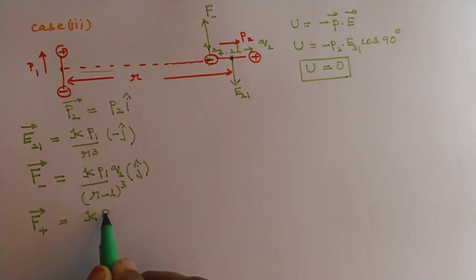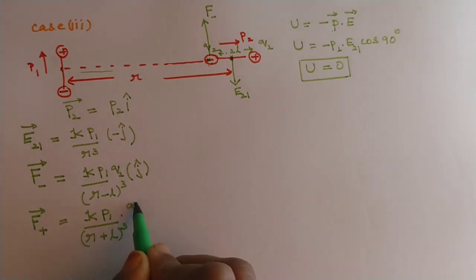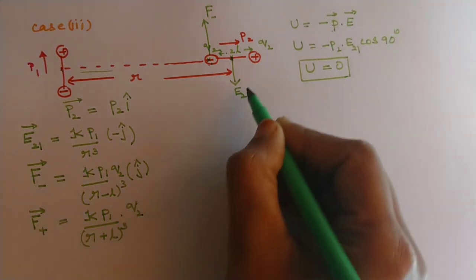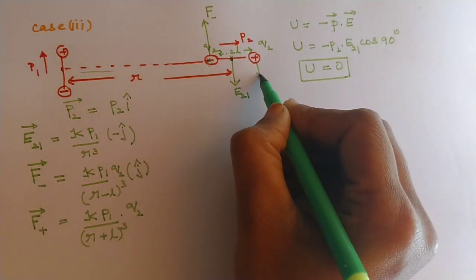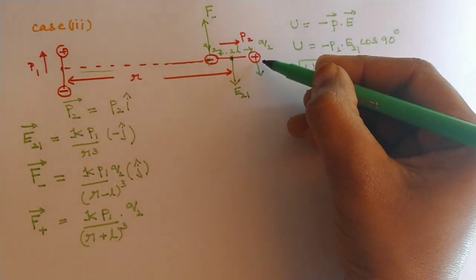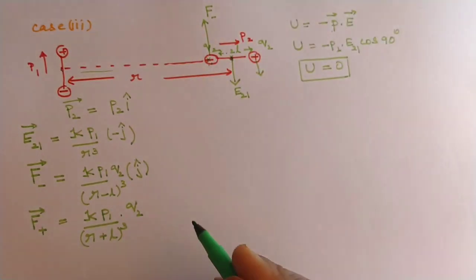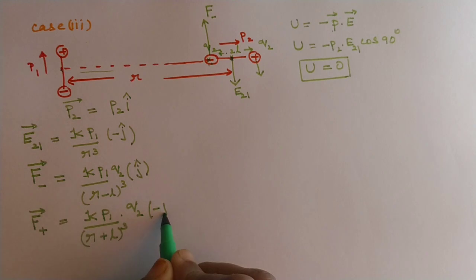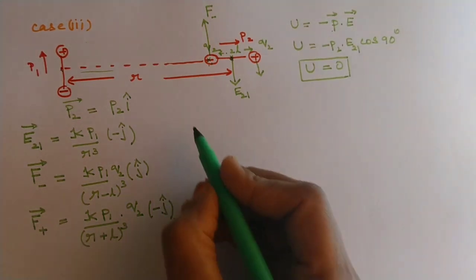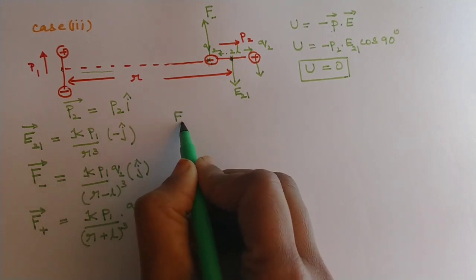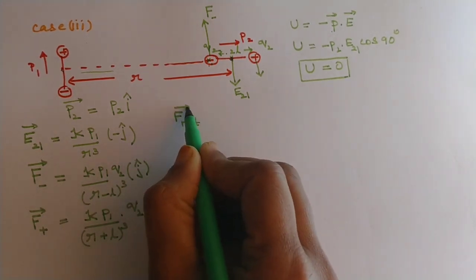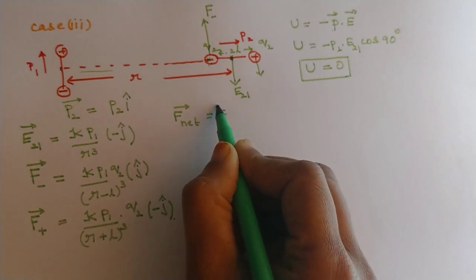The field is K P1 by R plus L whole cube into the charge of the dipole, Q2, and this will experience a force in the downward direction. The positive charge will move in the direction of the field, and the negative charge will experience a force opposite to it. So Q2, and the direction is minus j cap. Now you know F minus and F plus. Now you can easily find out the net force acting on the dipole. F net will be the vector sum of these two.